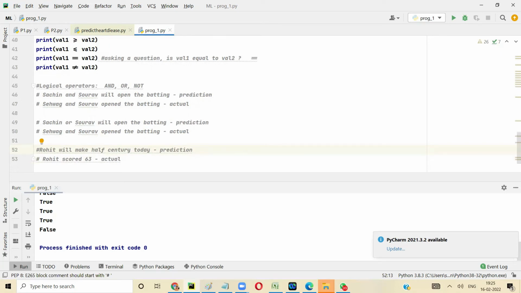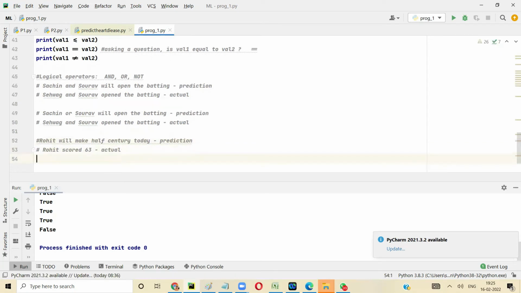Okay, here you see, conditions we are taking and we are applying logical operators. So on both sides we have logic. Logical operators work only on Boolean values.